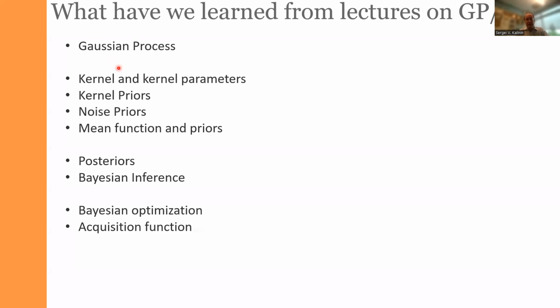Essentially, the kernel allows us to go from the points where we've done the measurements to all the other points. We discussed some subtleties of Gaussian processes, such as kernel priors and noise priors, and the extension to structured Gaussian processes, where we introduce the mean function and the priors of the mean function.